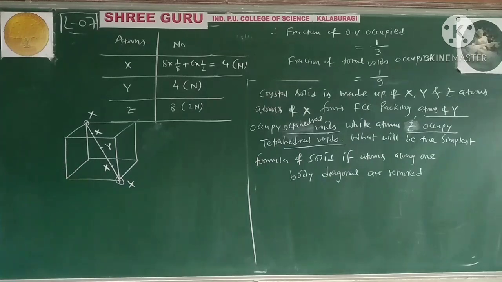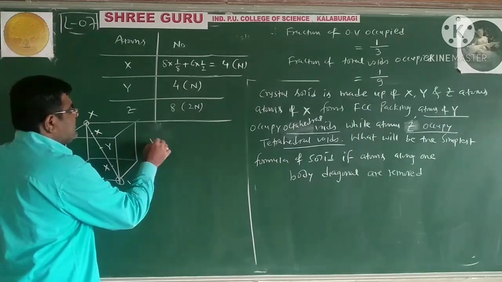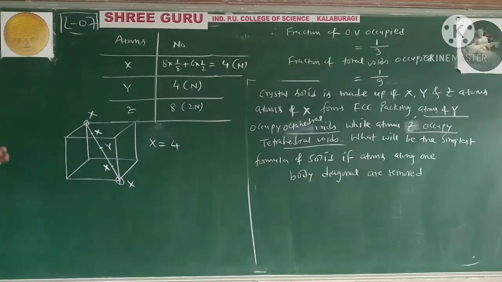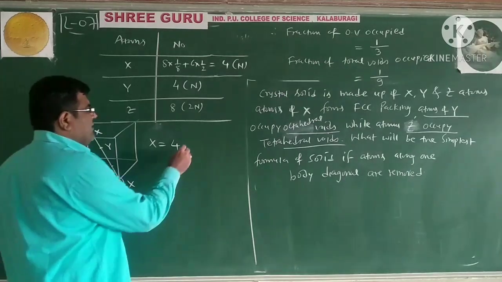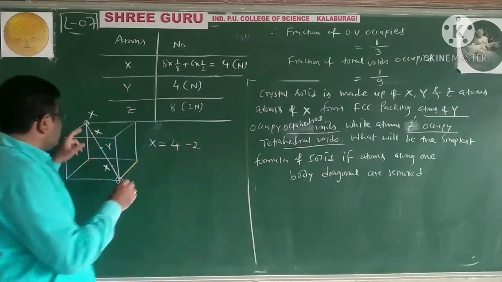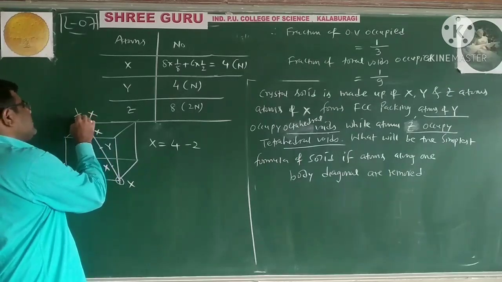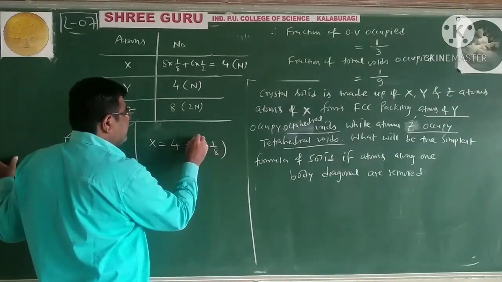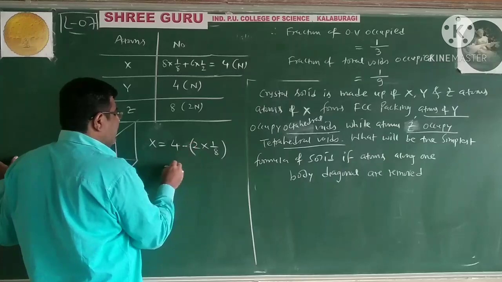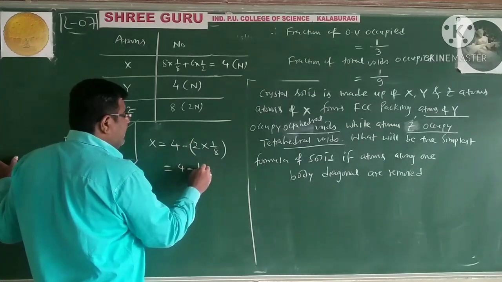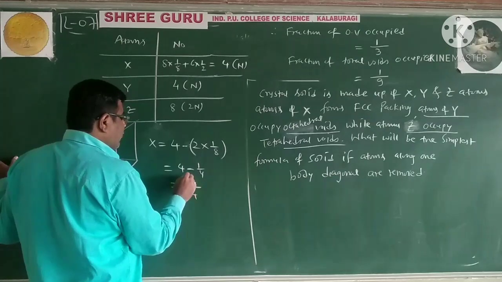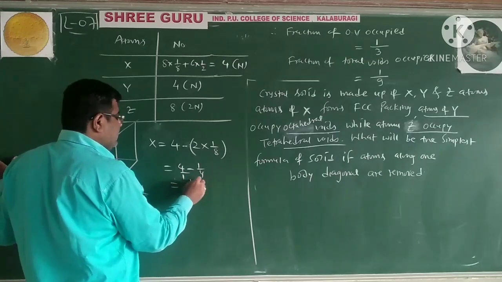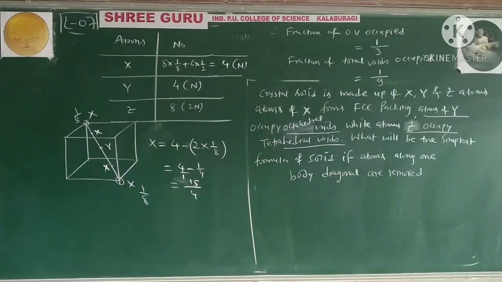If they are removed, how much of X remains? Initially it was 4, but we have to subtract 2 from that. But these 2 atoms, their contribution is 1 by 8. So 2 into 1 by 8 we are subtracting, because the body diagonal has been removed. It is 1 by 4. It is 4 minus 1 by 4, so it is 15 by 4, isn't it?